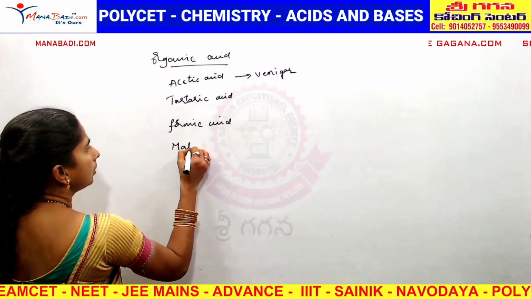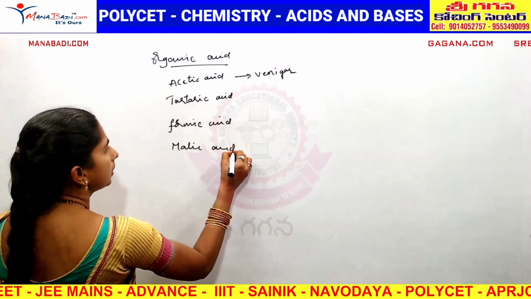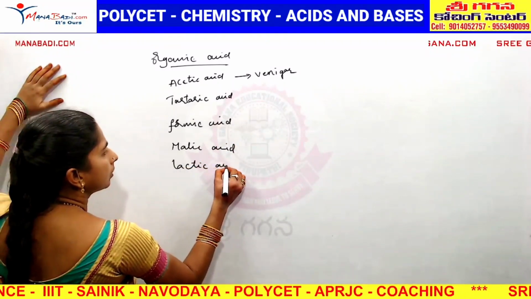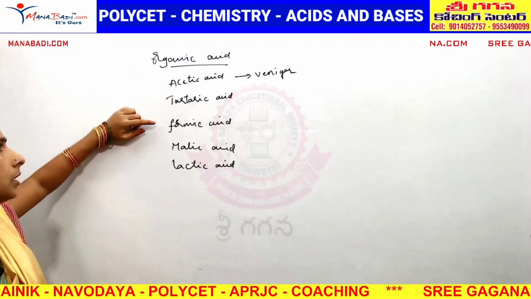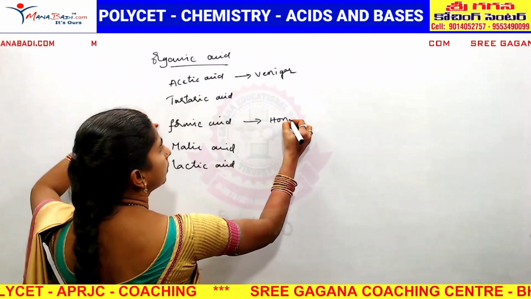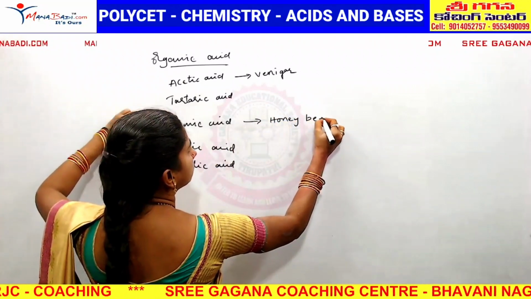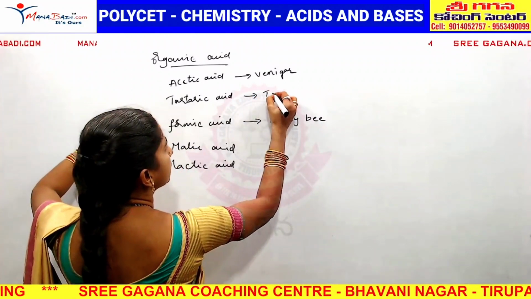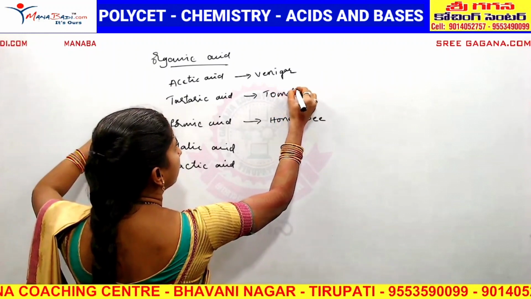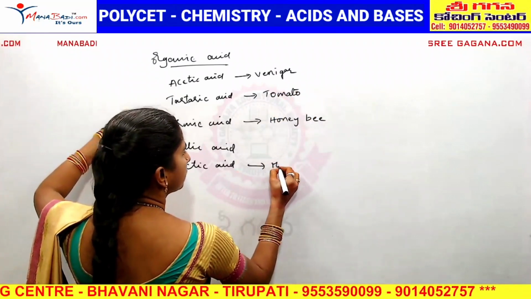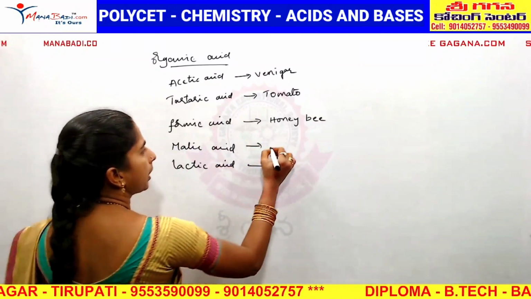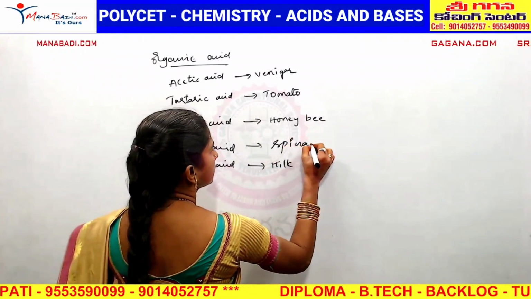malic acid, and lactic acid, which is present in milk. Formic acid is present in honeybee, tartaric acid is present in tomato, lactic acid is present in milk, and oxalic acid is present in spinach.